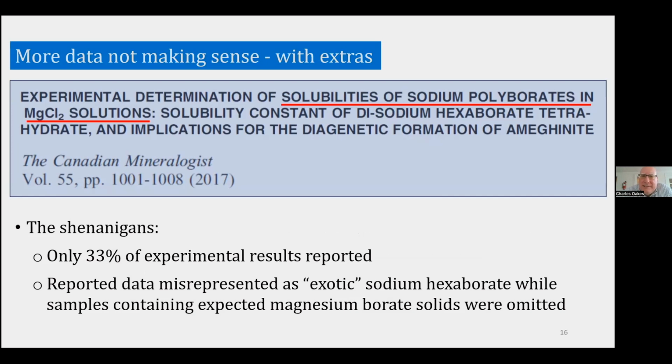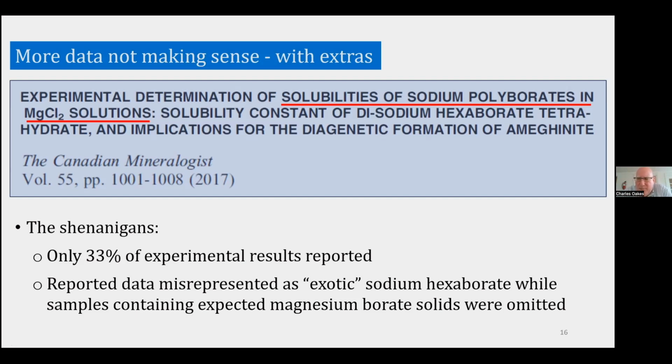So in this case, he supposedly measured the solubility of a sodium hexaborate in magnesium chloride solutions. And if any of you are familiar with evaporite deposits, you might think, well, why would you form a sodium hexaborate by putting borax in a magnesium chloride solution?